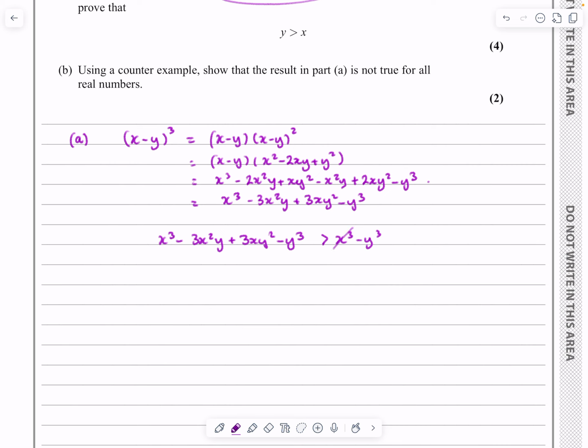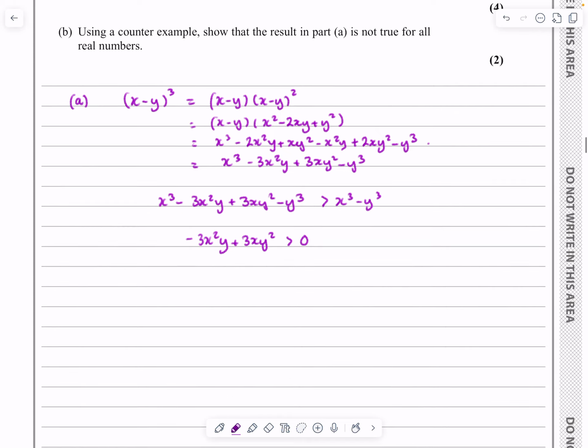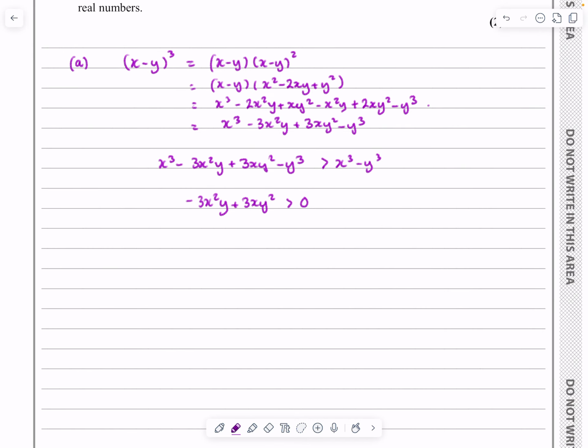Well, we can see that they're going to cancel straight away. So let's do that, and we'll end up with minus 3x squared y plus 3xy squared is greater than 0. We can factorize that. If we take 3xy out, I get left with, just be careful here, (y minus x) inside the brackets is greater than 0.